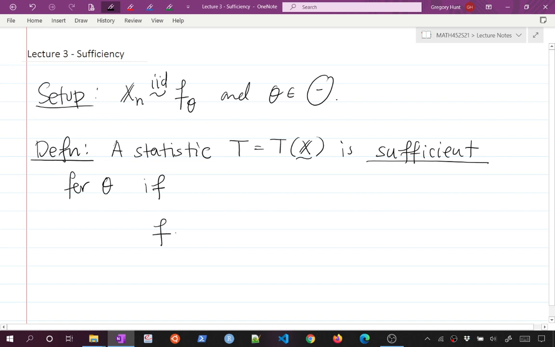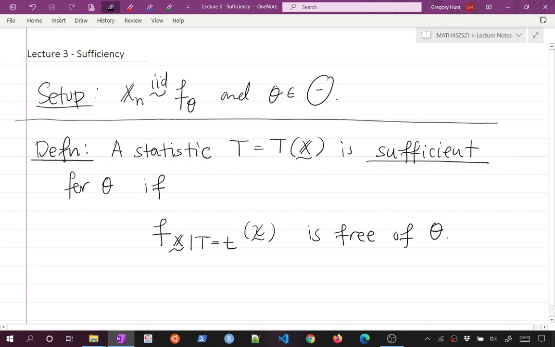The conditional distribution of our data, f of x, given that the statistic T is equal to some value little t, which is a function of our values little x, is free of theta.